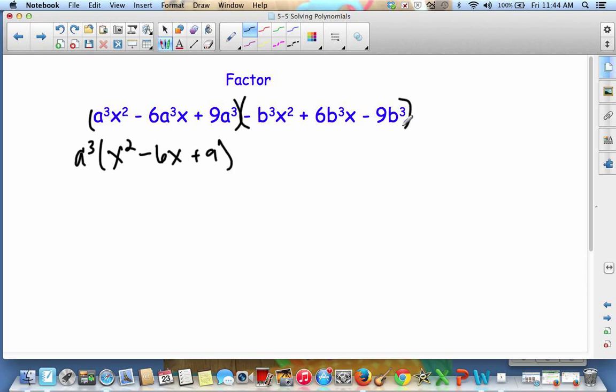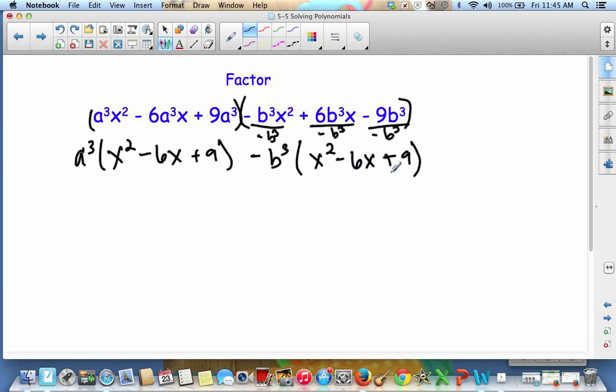And this one right here, I'm going to go ahead and take out a negative b cubed, because there's this negative out in front. And I want to be left with the same terms, so we have x squared minus 6x plus 9, if I divide everything by a negative b cubed.